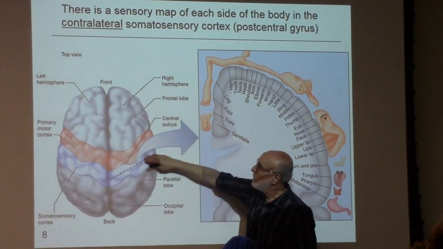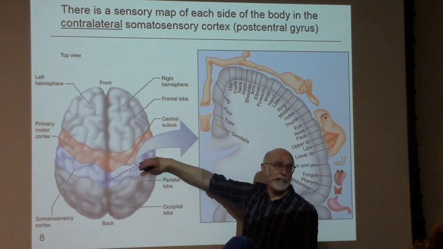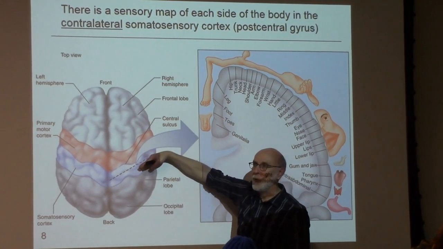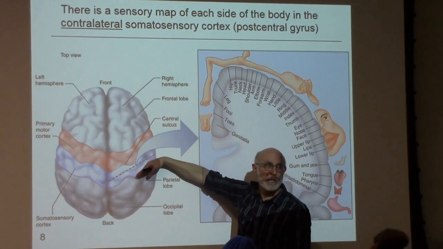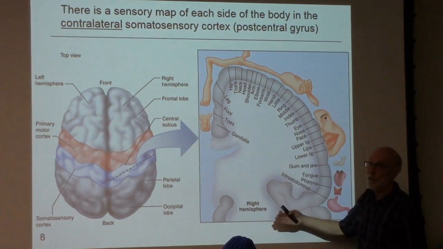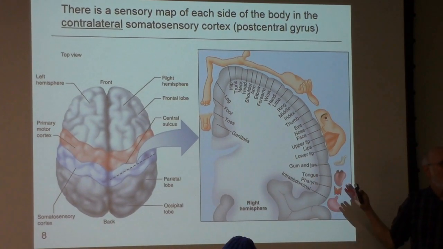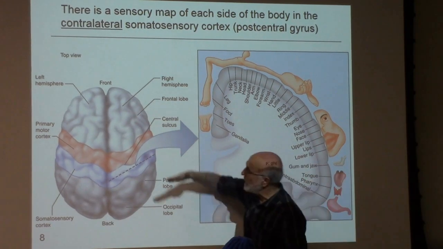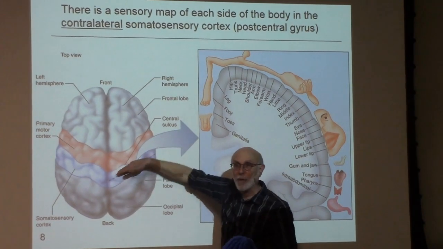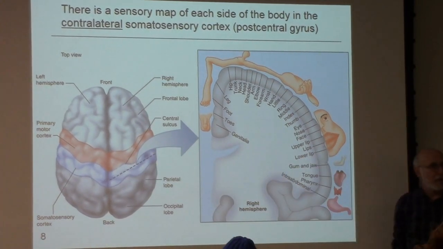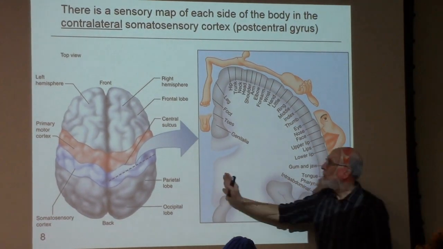So here's a not quite coronal section, sort of an angled coronal section through the post-central gyrus, and then projected this way. So this is a semi-coronal section, an almost coronal section. Coronal would be like this, but they've angled it like this to make sure that it's aligned with the post-central gyrus.